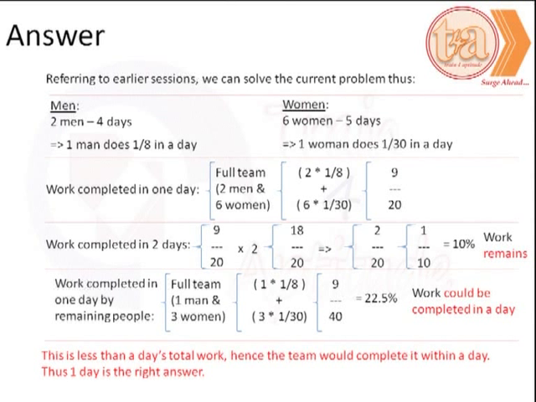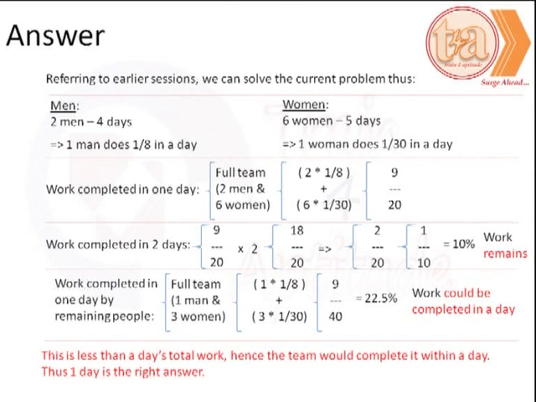It is mentioned in the case that, after 2 days, 1 man and 3 women leave. So we are left with 1 man and 3 women to do the remaining task. This new team would work at the rate given by 1 into 1/8 plus 3 into 1/30, which is 9/40, or in percentage terms 22.5%.